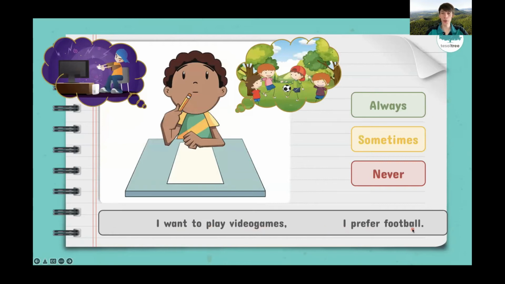I prefer football. So, does he always want to play video games and always prefer football? No, we can't say that because he can't be 100% playing games and 100% playing football. We can't say that.